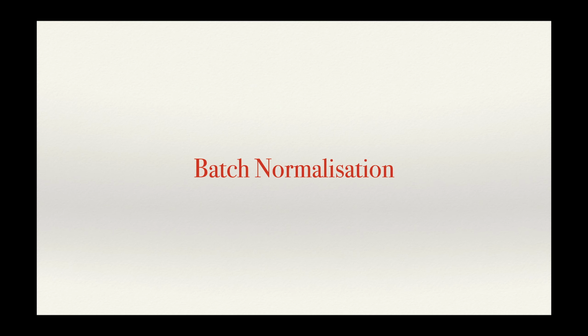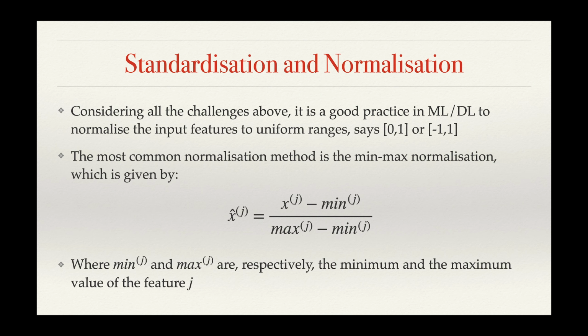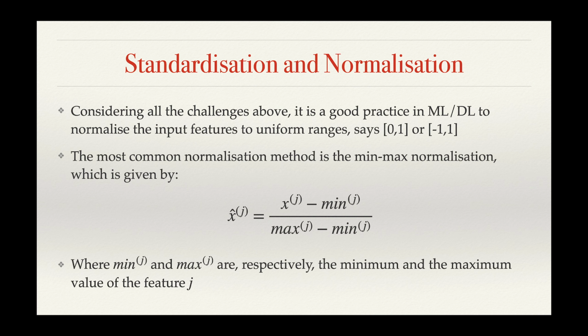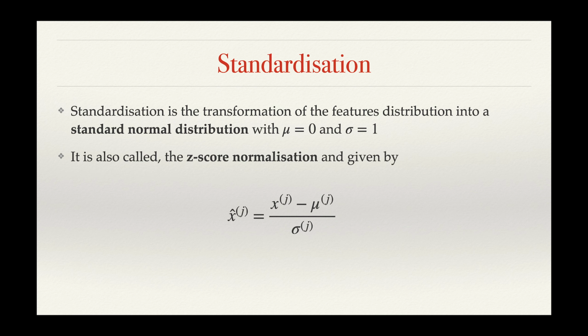The next technique is called batch normalization. Here, standardization and normalization both can be used. Normalization is more common, but in some deep learning research they use standardization. There is actually no rule of thumb for what to use.